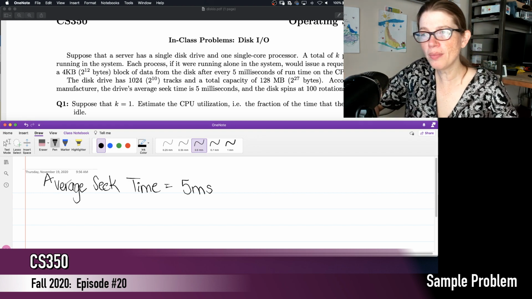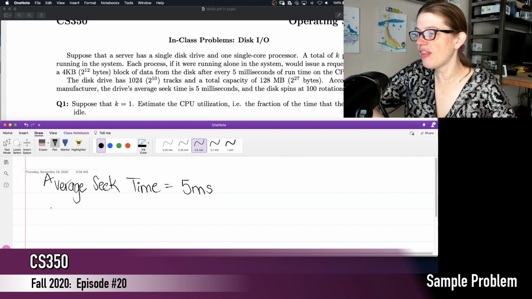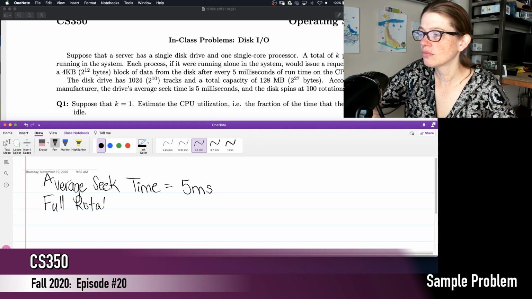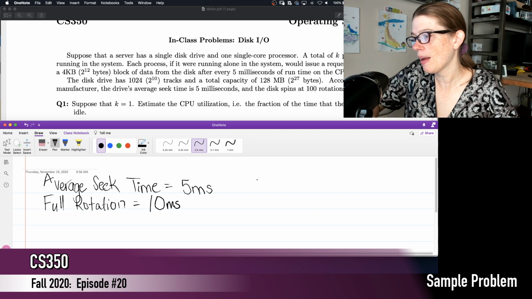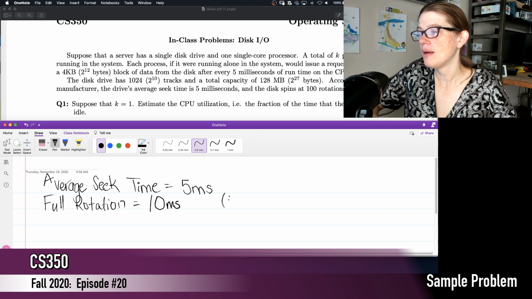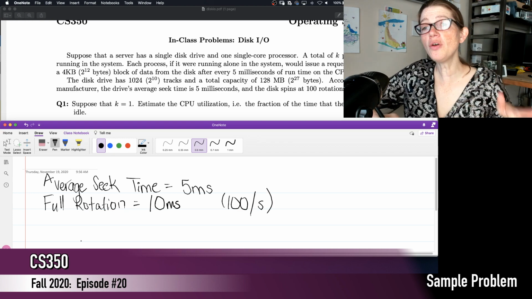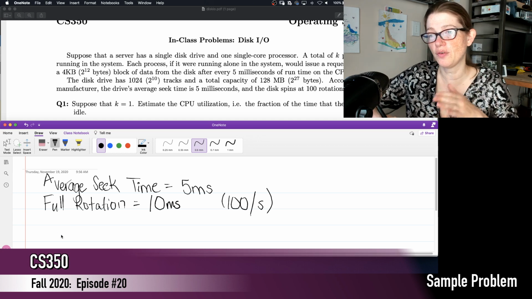And the math formula for this, of course, I'll let you figure that one out. But let's just say a full rotation is 10 milliseconds, because we do 100 per second. Okay? Now, we don't want to know the speed of a full rotation for the rotational latency.